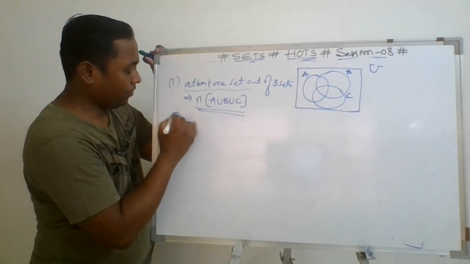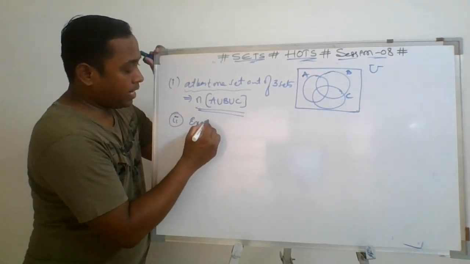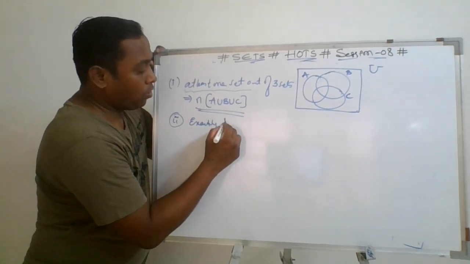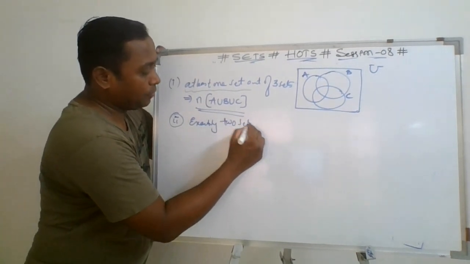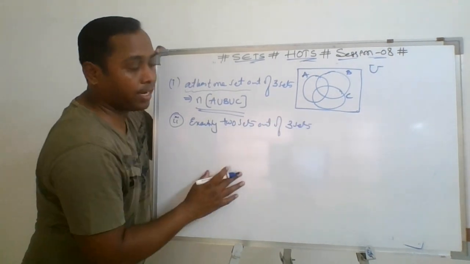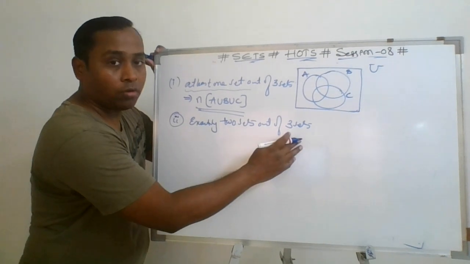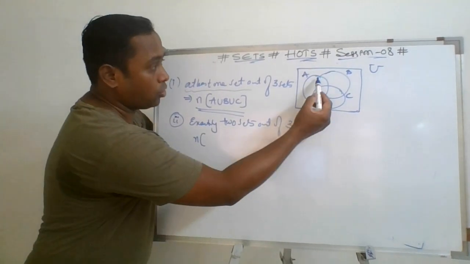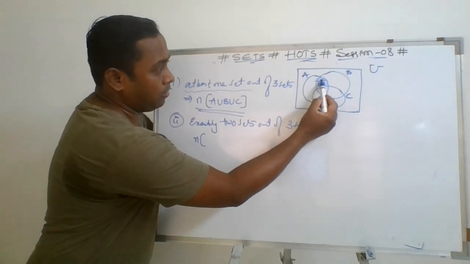Now the second is exactly what we call two sets out of three sets. Exactly two sets out of three sets. It means that they are talking about this area, my dear, this area.